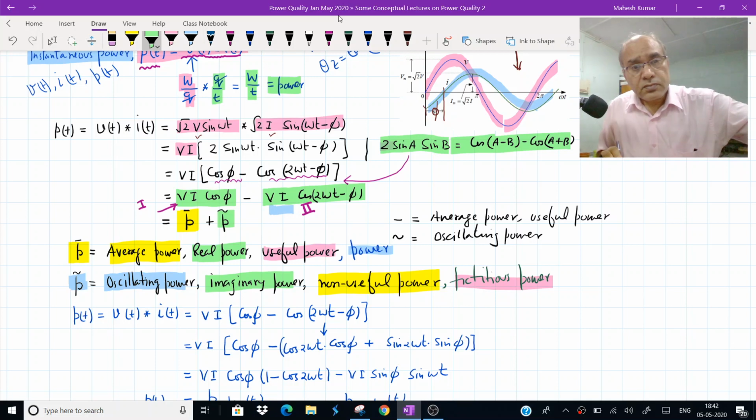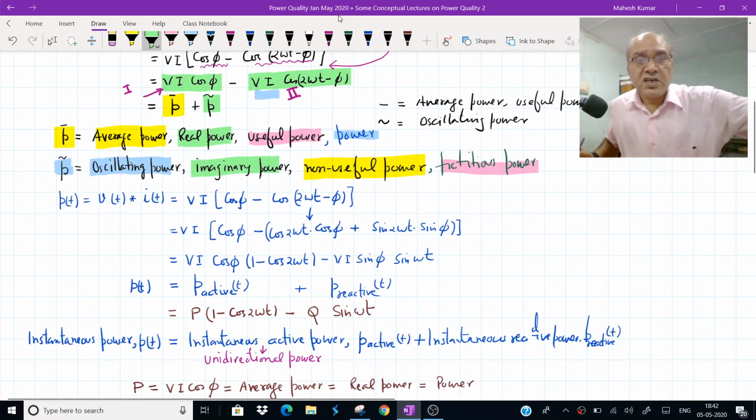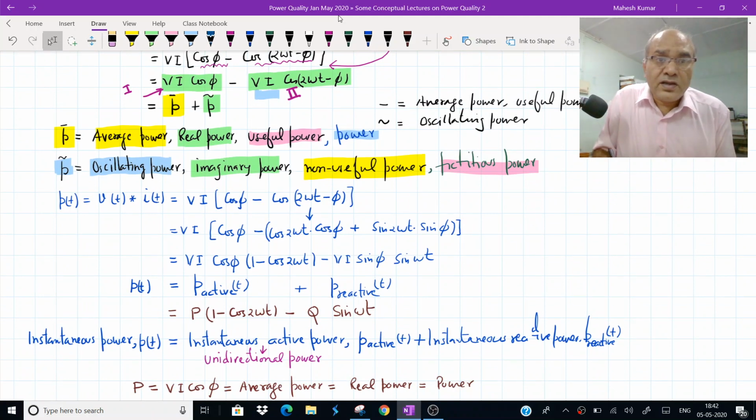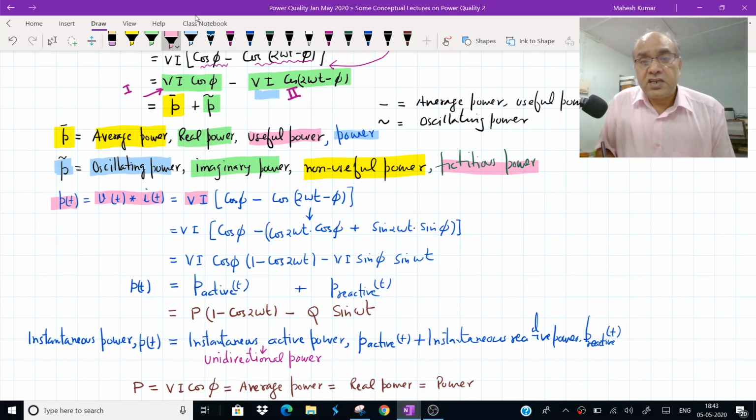Fine. After that, we have another expression for instantaneous power. That expression is p(t) equal to v(t) into i(t). So again the same process, Vm Im into cos phi minus cos 2 omega t minus phi. This we already found earlier.